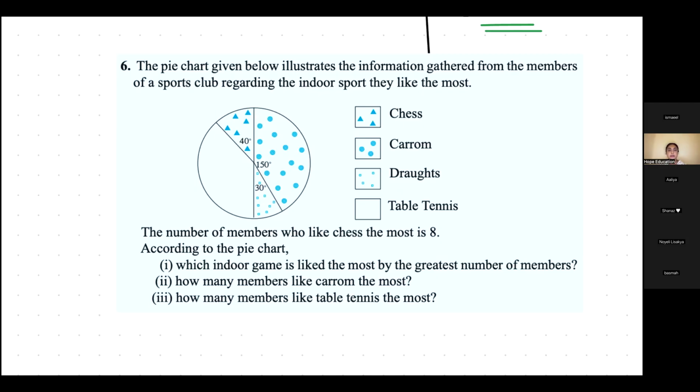Without that we cannot compare carom and table tennis. Table tennis is 140 and carom is 150, so carom is more. What is the angle for table tennis? 140. Yeah, 140. So carom is more. Yes, correct.